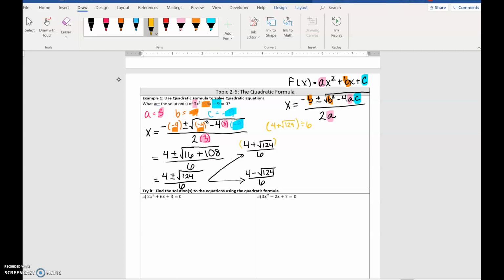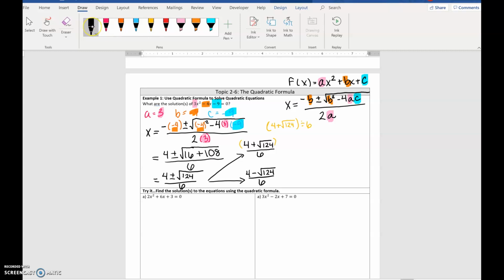If you don't put the parentheses in, it's going to do the square root of 124 divided by 6 first because of PEMDAS. So if you're going to put all of this in at once, you need to put parentheses around it. Or you can do 4 plus square root of 124, enter, and then divide by 6.